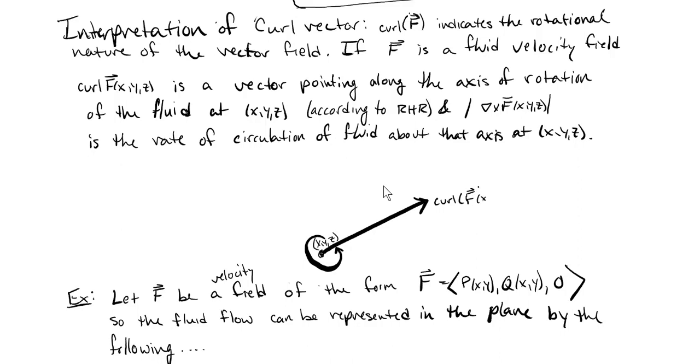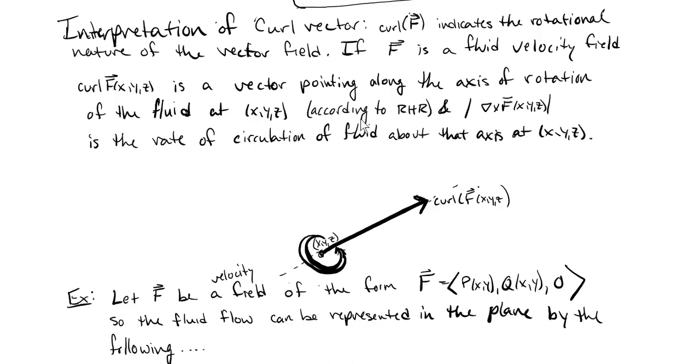The curl of f at xyz is this vector here. It is the axis around which my fluid is rotating at that point xyz. Right, this dark arrow down here, that's my fluid flowing around this axis given by the curl vector.